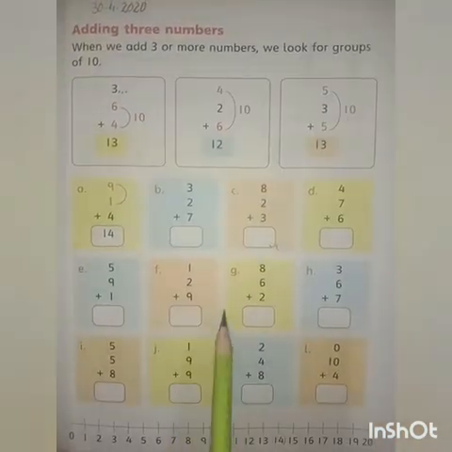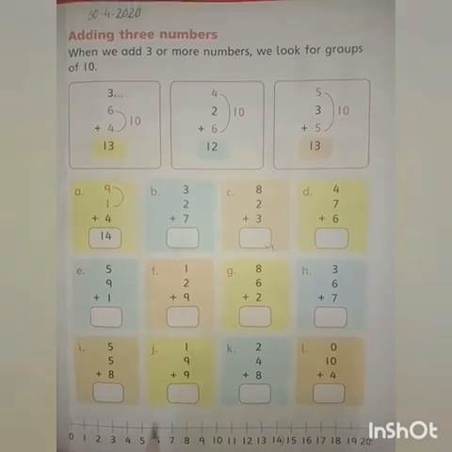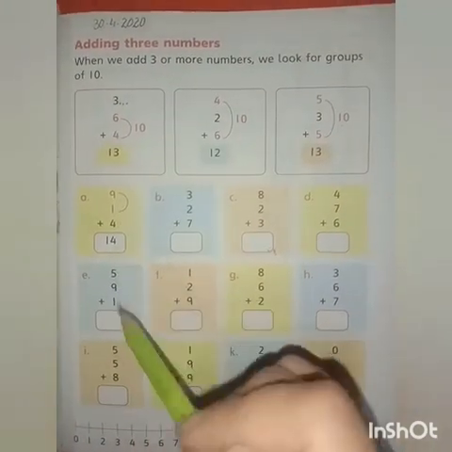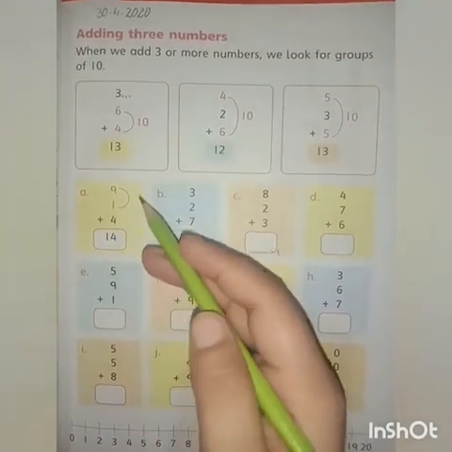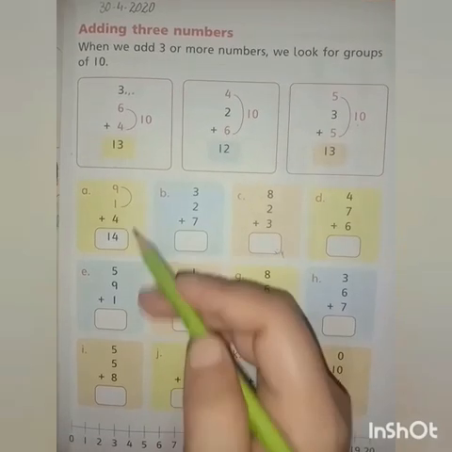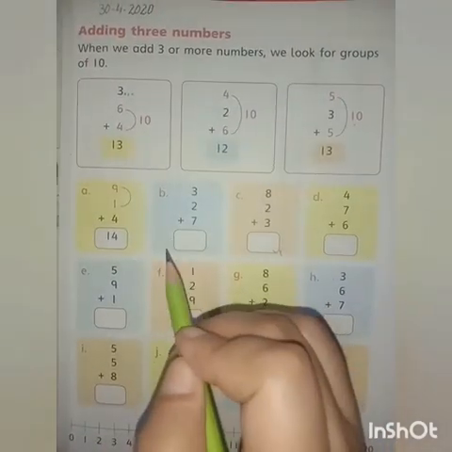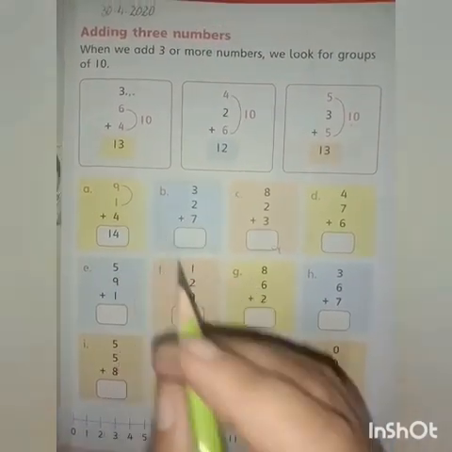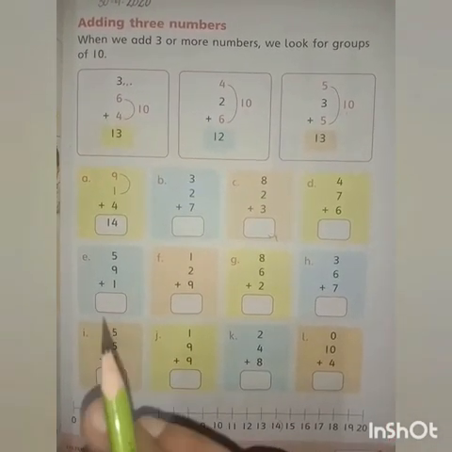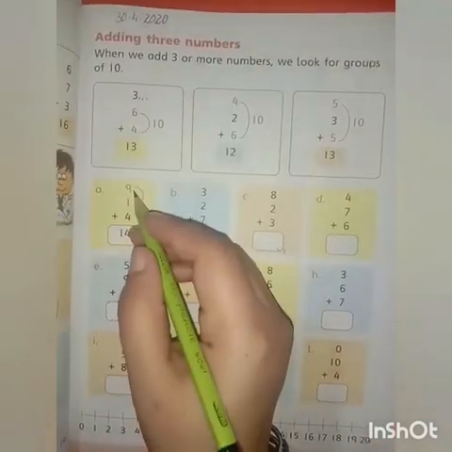We can also carry out addition using the number line to find the sums of 3 numbers. Point A. Here we have 3 numbers: 9, 1 and 4. We have to add them. Firstly, we have to find out the group of 10. Now students, with the help of the number line, we are going to solve this sum. First number is 9.